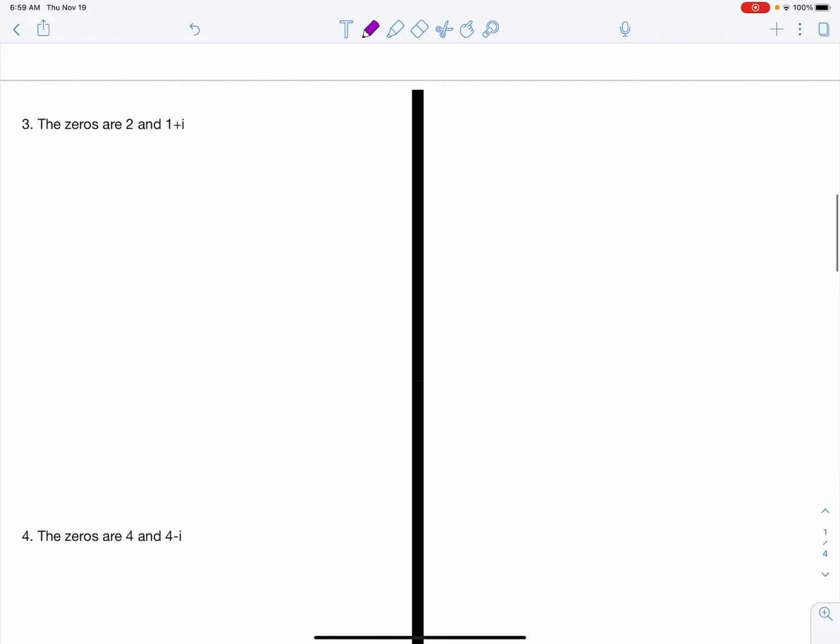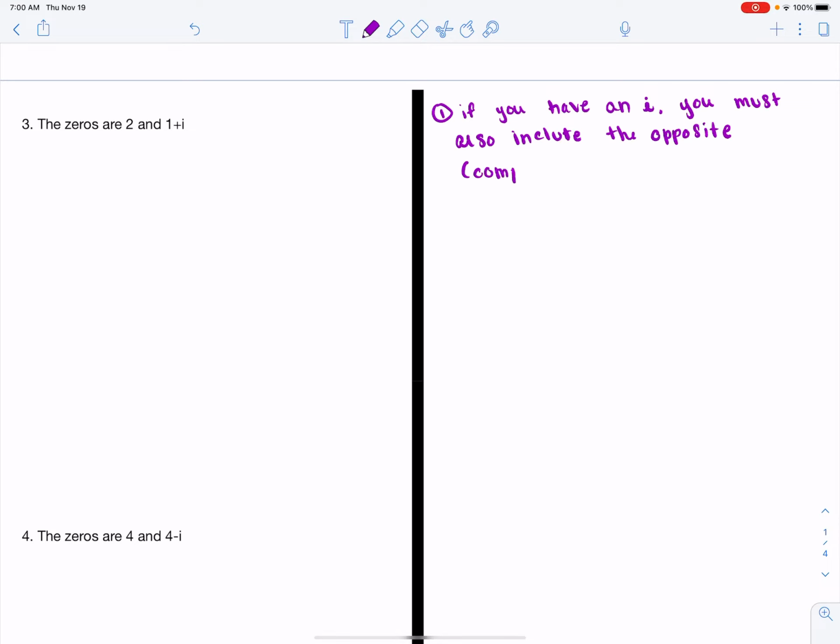All right. Now here's where we get a little bit weird. If you have an i, you must also include the opposite, or we call that a complex conjugate.